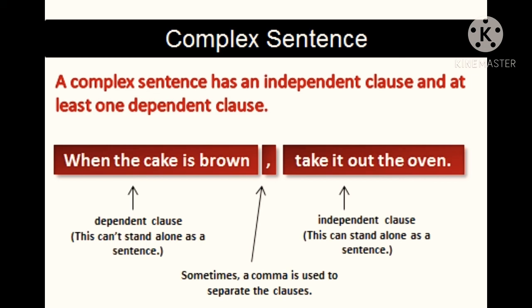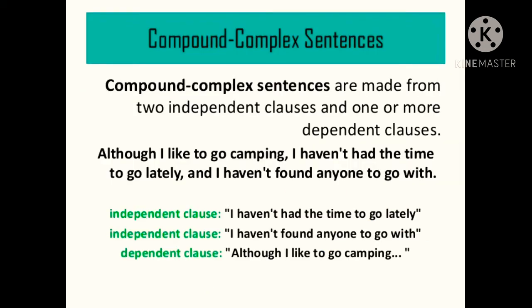Next we have compound complex sentences. What are they? Compound complex sentences are made from two independent clauses and one or more dependent clauses. For example, although I like to go camping, I haven't had the time to go lately, and I haven't found anyone to go with.